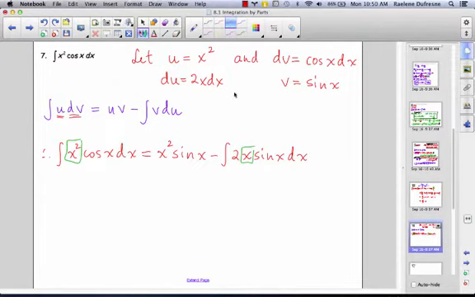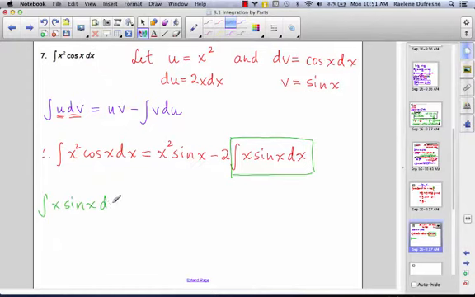So the second integral, I'll put a box in green around it. And let's just focus on that integral. In fact, we're going to simplify it a little bit by taking the constant out in front. And we're really only going to focus on the integral of x sine x dx.